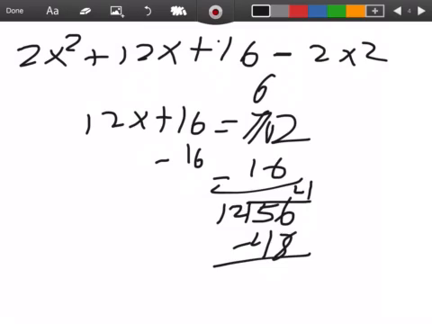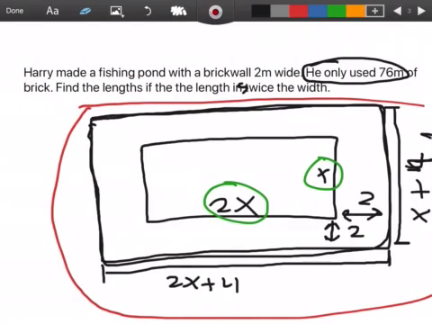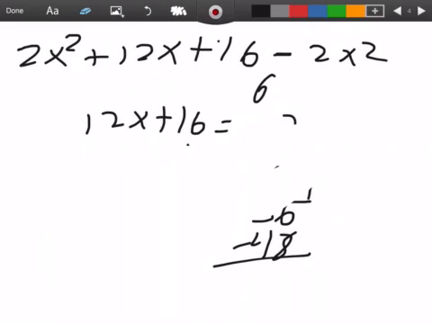And then this part would equal... No, wait, sorry, I made a mistake. I just realized it. It said 76, not 72. I'm sorry, guys.